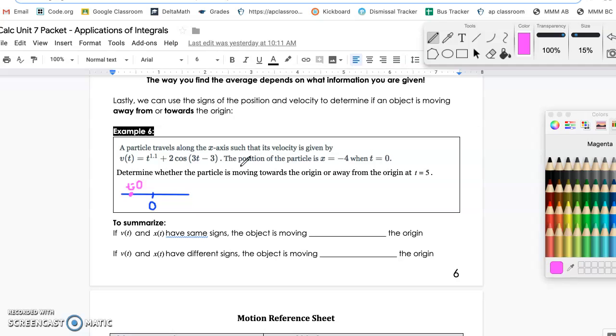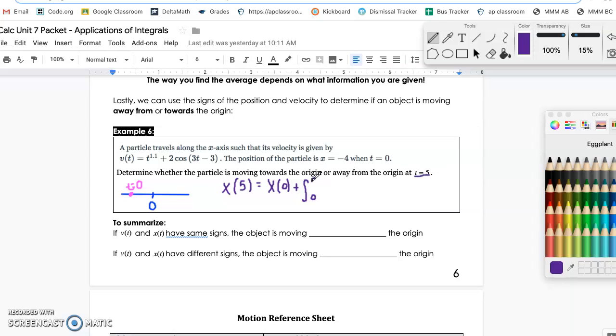Then it wants us to say, is the particle moving towards or away from the origin at t equals 5? My first step is to find the position at t equals 5, and you can do this in your calculator. So x of 5 is going to equal the original position, x of 0, plus the antiderivative from my initial time, which is 0, to the time I'm getting to, which is t equals 5.